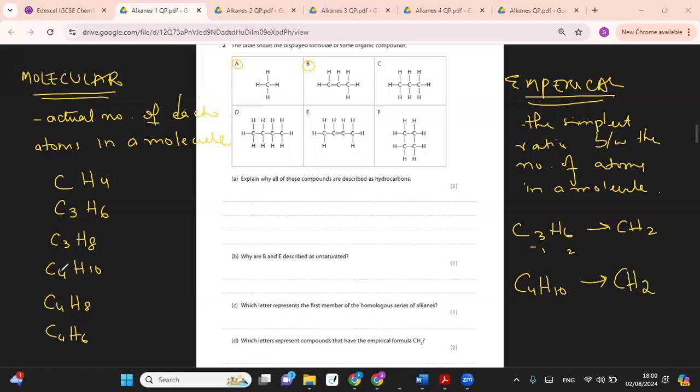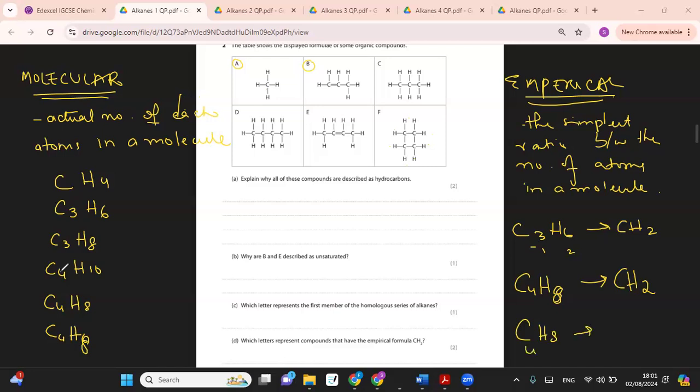No, sorry, you can't do that. For C4H8, yes. 4 ones are 4 and 4 twos are 8, right? Then the last one, C4, and this is not 6, this is 8 actually, I think. 1, 2, 3, 4, 5, 6, 7, 8. Yeah.